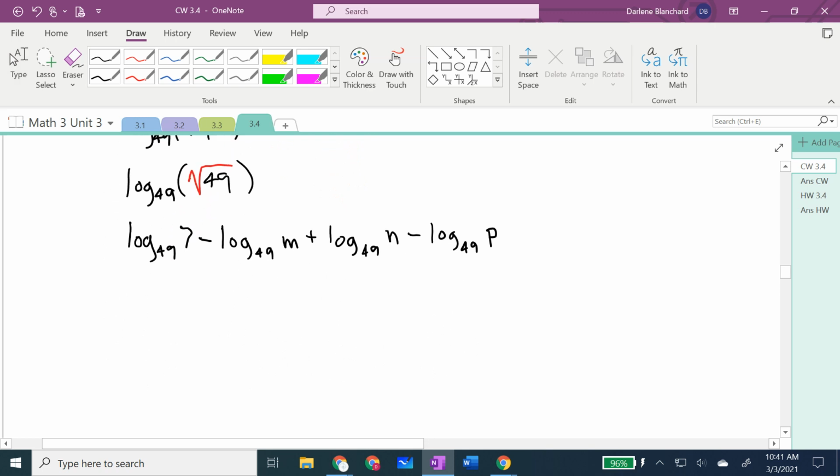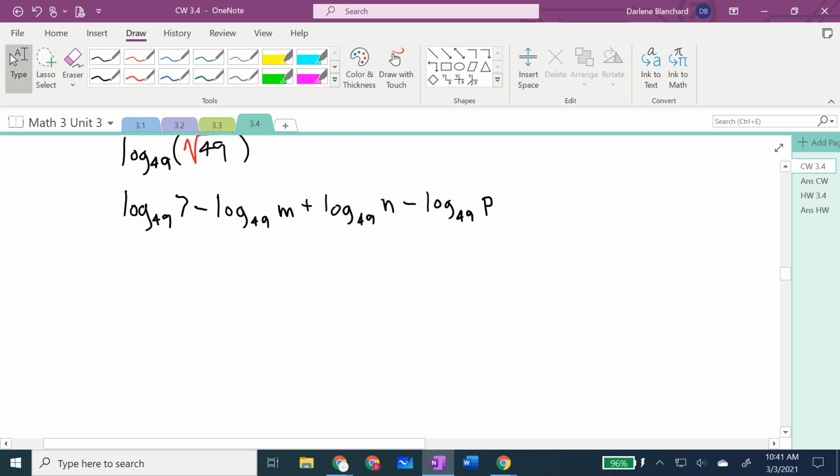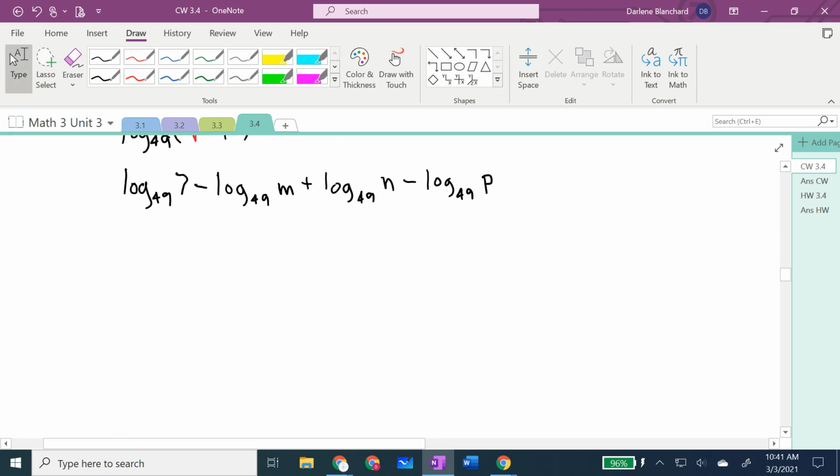Would you like to see a quick way to use both of our new rules quickly? Would you like to see a nice, neat way to do that? I'm going to assume the answer is yes. So what I'm going to do is highlight in blue every subtraction.